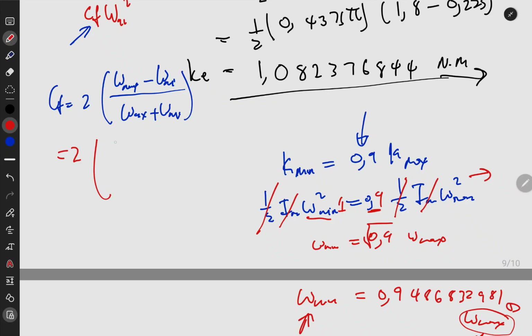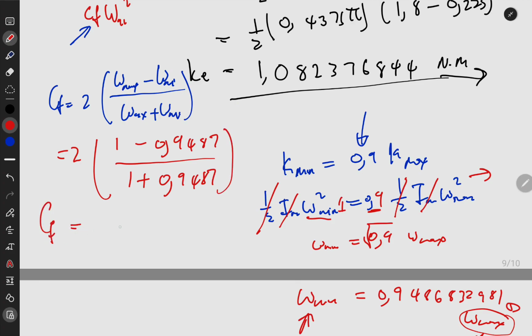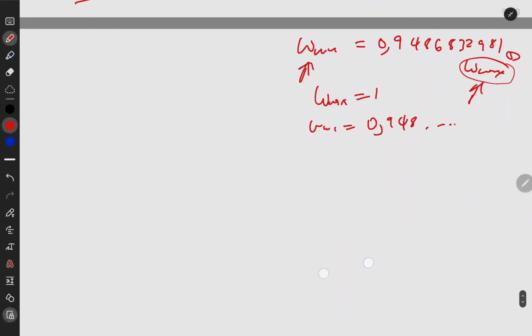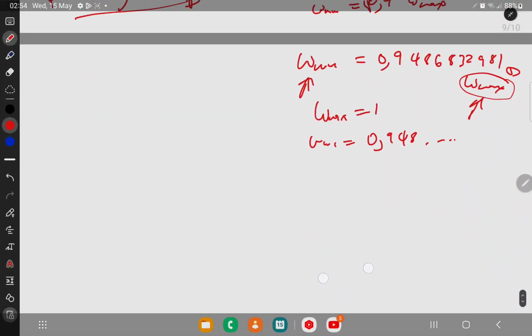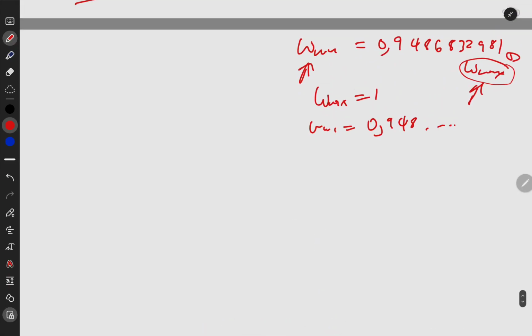Then if omega mean is 1, this will be whatever that coefficient was, 0.9487 onwards, and this is going to be 1 plus 0.9487 onwards, and then I'll get my CF to be 0.0527. Also take note, if this number becomes too big, you should question your math. So far I think we're getting quite fair answers.